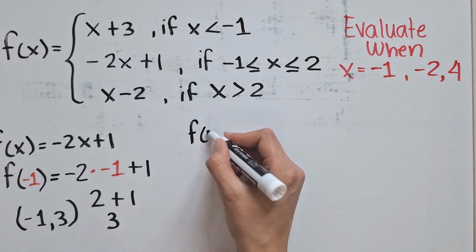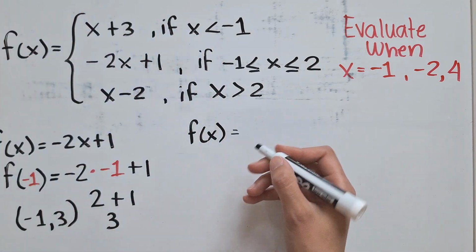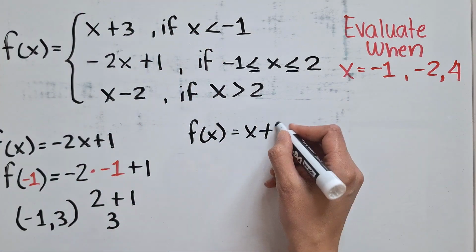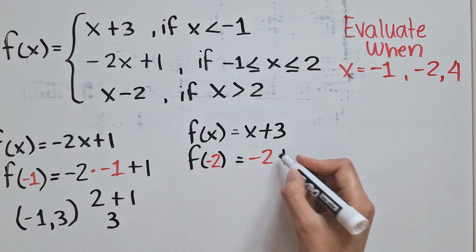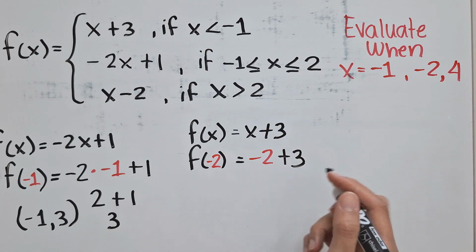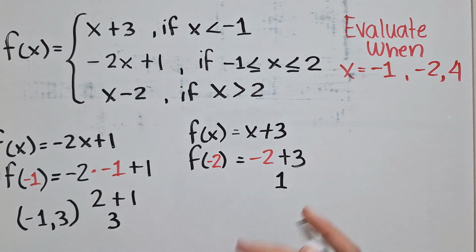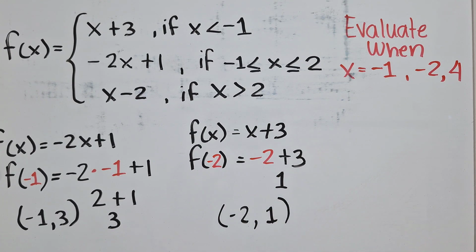We will have f of x. Everything is the same function, just in 3 parts. x plus 3. Instead of the x, we are going to use negative 2 plus 3. So negative 2 plus 3 is 1. And we can write it as an ordered pair, which will be negative 2 for x, and then y is 1.